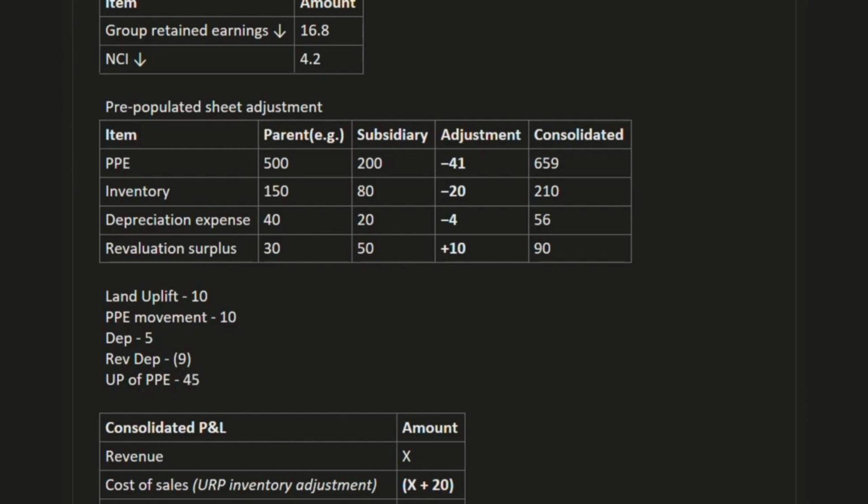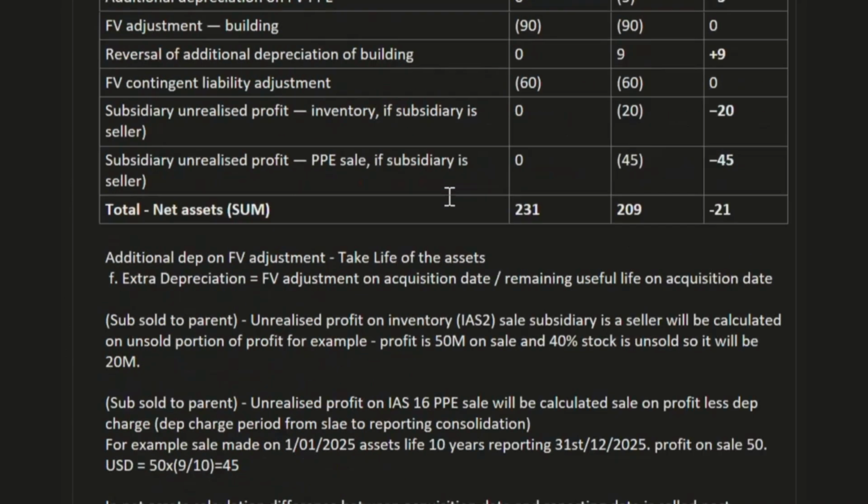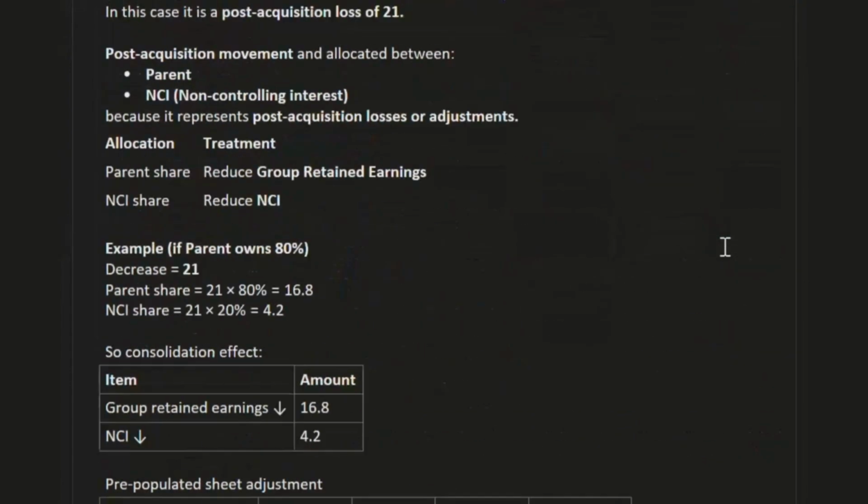That is 45. So compound it all together, it will give 41. So here we have 41 negative. And inventory we have 20 negative figure. We can see 20 negative we have.